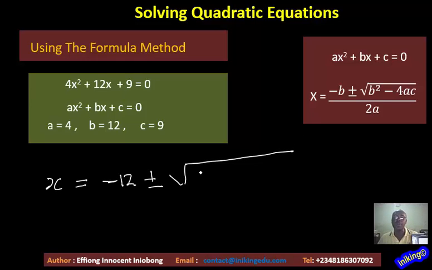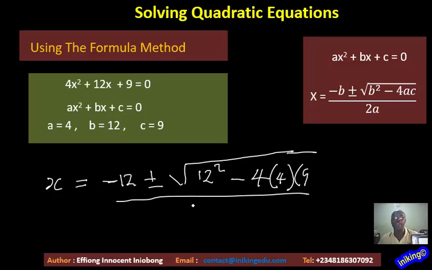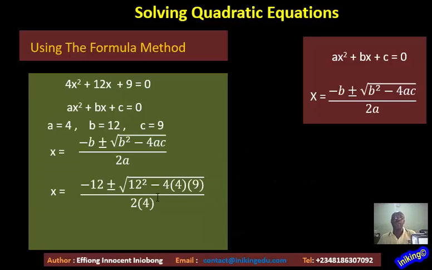Now b is 12, so we square 12, minus 4ac, 4 times a, which is 4, times c, which is 9. And then we divide everything by what? By 2a, which is 2 times 4. That's our 2a. So that's what we have there.